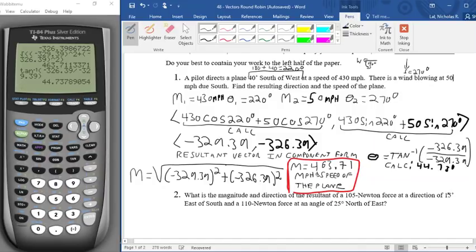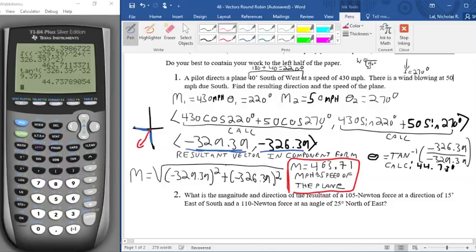So the calculator output is 44.73 degrees, but that is not our answer. The reason is that our x value is negative and our y value is negative, and that's going to put us in quadrant 3.